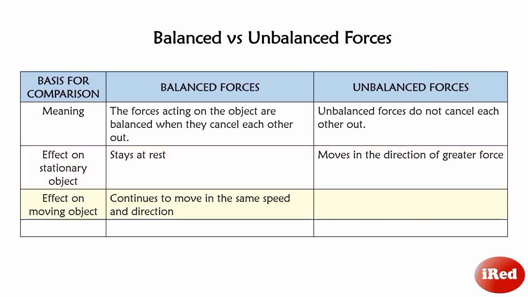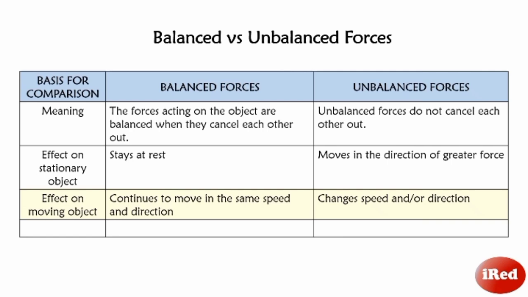But when balanced forces act on a moving object, the object continues to move at the same speed and direction. That means constant velocity. But if the forces are unbalanced, the object changes speed or direction. Or in other words, the object accelerates.